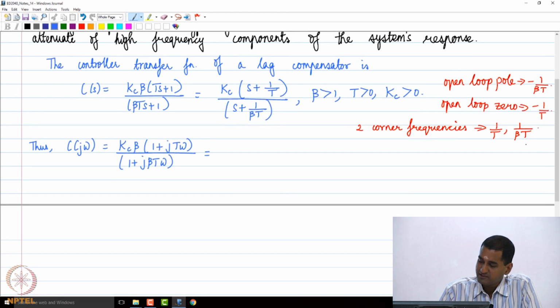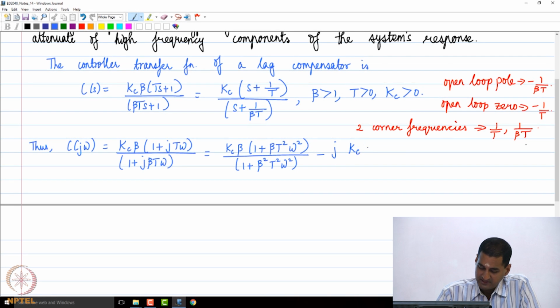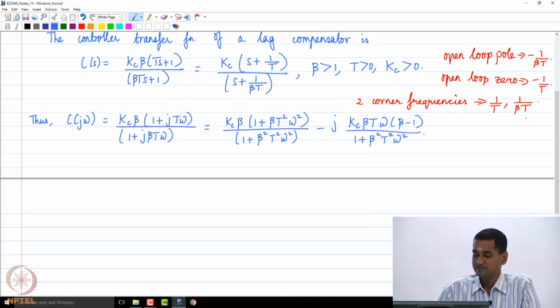If we multiply and divide by the conjugate of the denominator, what we will get is Kc beta times (1 plus beta T squared omega squared) divided by (1 plus beta squared T squared omega squared), minus j times Kc beta T omega times (beta minus 1) divided by (1 plus beta squared T squared omega squared). So, that is what we will have.